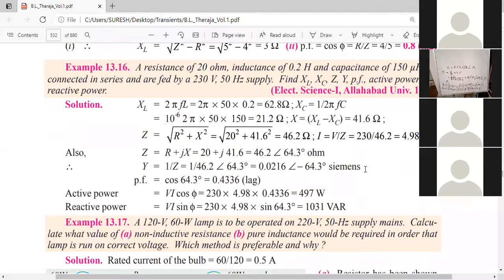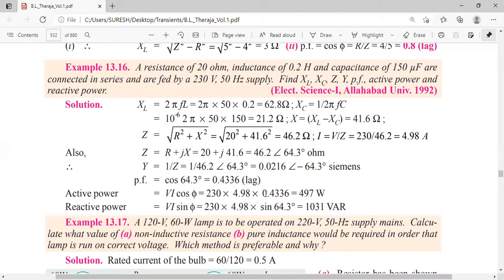The value of Q is 1031. The unit of P is watts. The unit of Q is volt amp reactive, VAR. Okay, that's all about the problem.